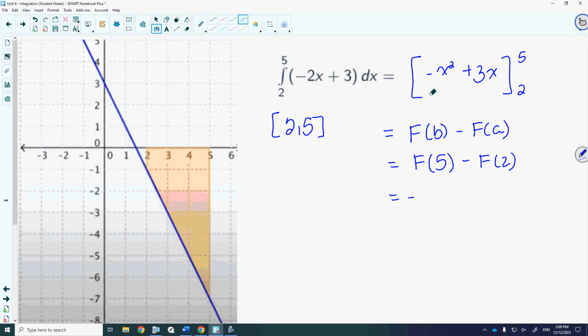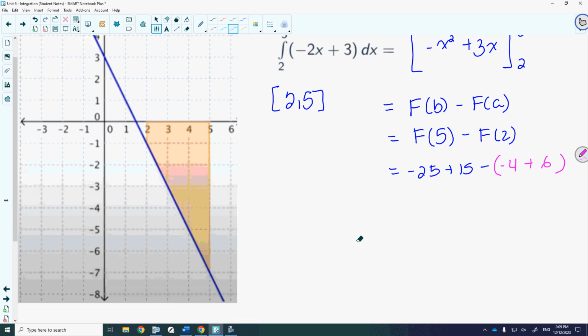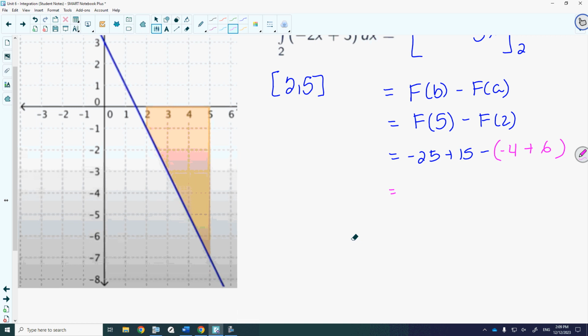So it would be negative 25 plus 15 minus, when I sub in F of 2, make sure you put that in a bracket. So it's going to be negative 4 plus 6. This is going to give me negative 10 minus 2. And this is going to give me an area of negative 12.